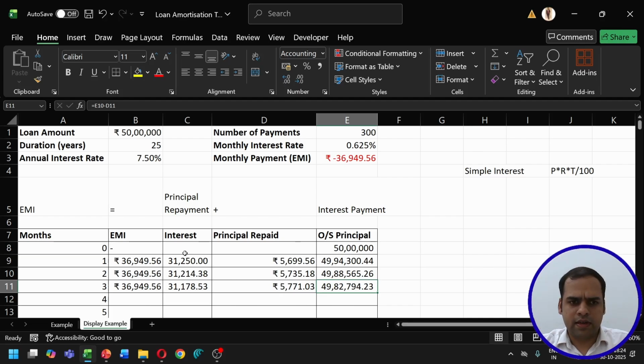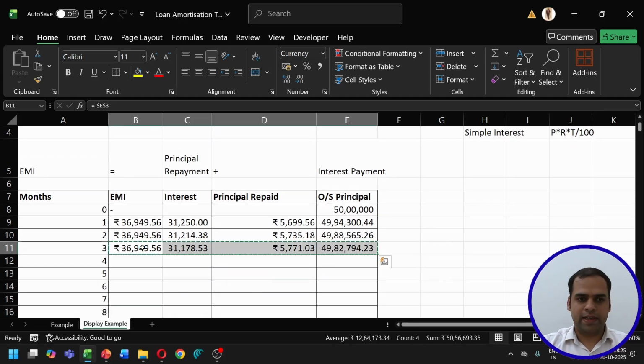Now we can see the interest component is going down each month, and the principal repaid amount is going up each month, and the outstanding principal, as obvious, is going down each month.